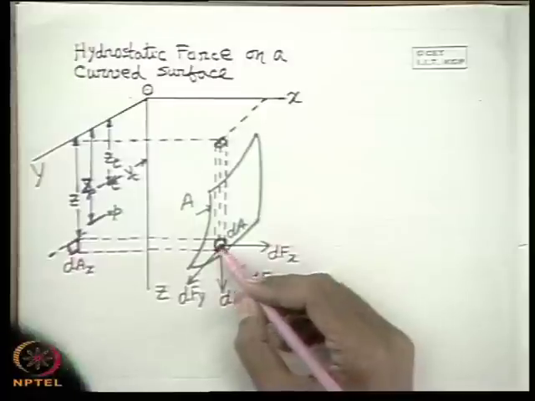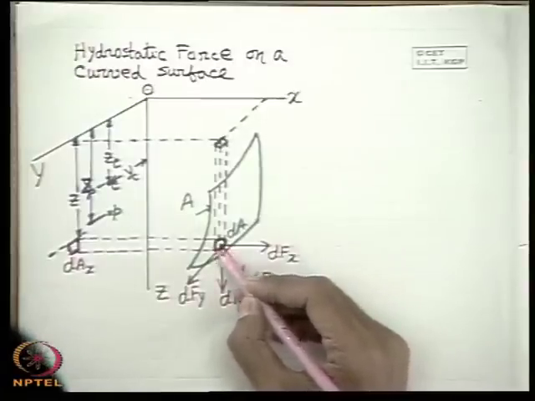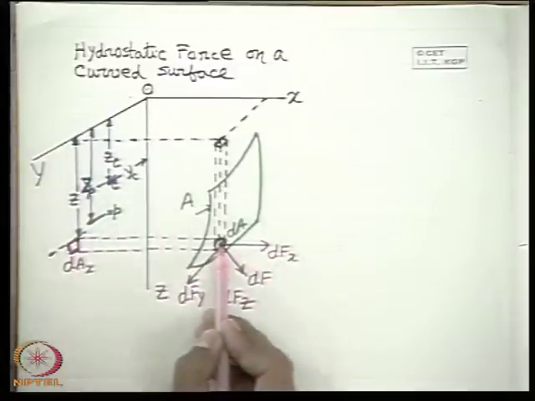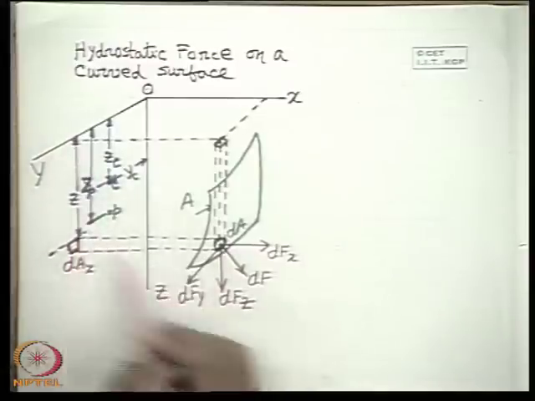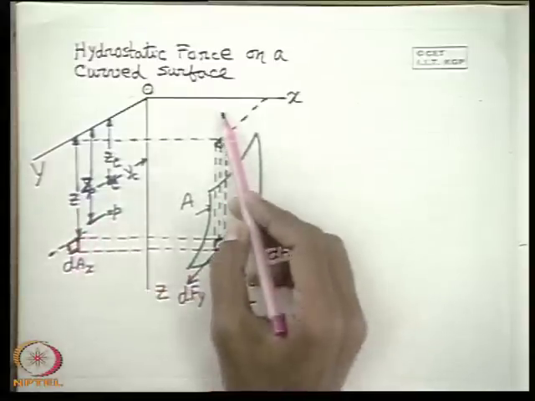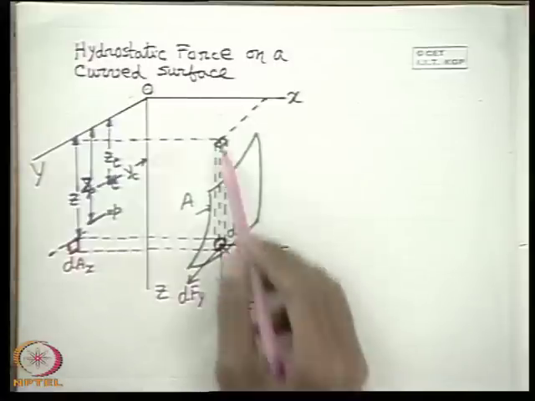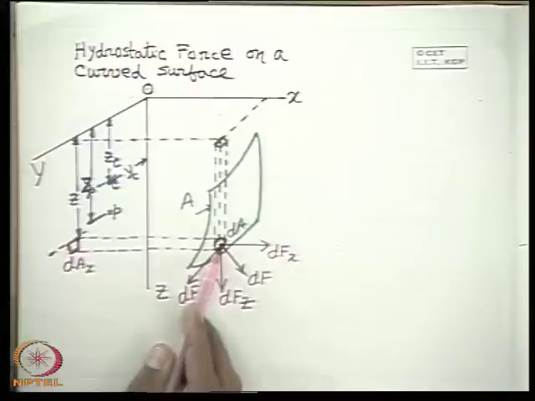Now we concentrate here. To do that we recognize an elemental area dA which is at a vertical depth z. We project this area here, shown as z in the yz plane. So, z represents the vertical depth from the free surface of this area dA. The hydrostatic force due to pressure acts on this surface.